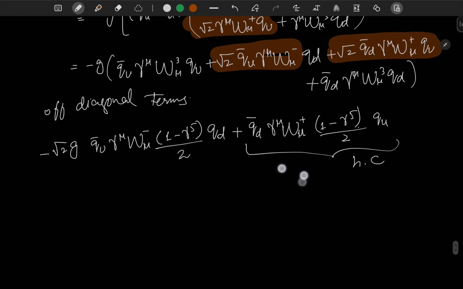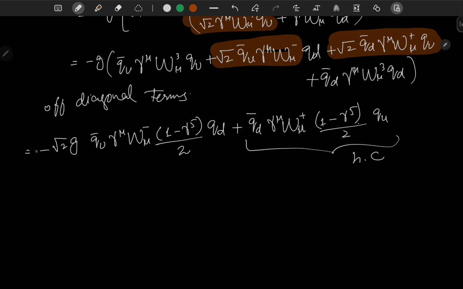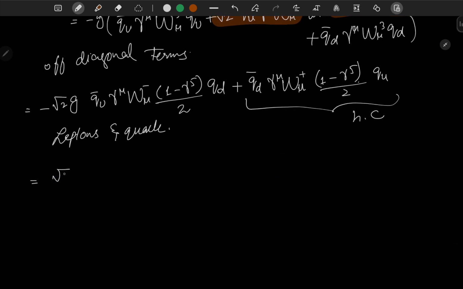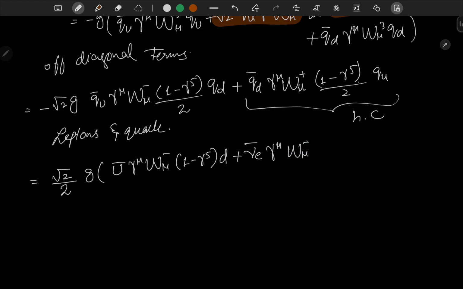And now if I rewrite this term for the leptons and quarks all together, I get square root of 2 divided by 2 g, up type quarks gamma mu W mu minus, 1 minus gamma 5, down type quarks, plus up type leptons gamma mu W mu plus, 1 minus gamma 5, down type leptons, and their Hermitian conjugate.